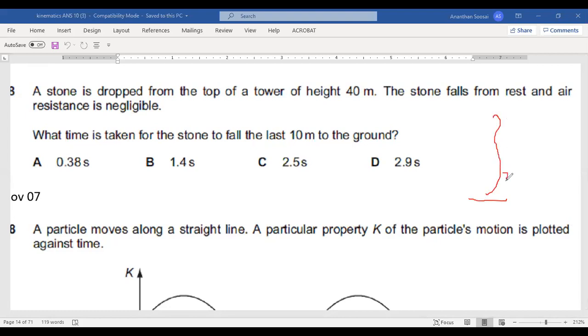They're asking what is the time taken for the last 10 meter. The initial velocity here is 0. So do you have 3 informations? You need to get 3 informations. Okay, last 10 meter.